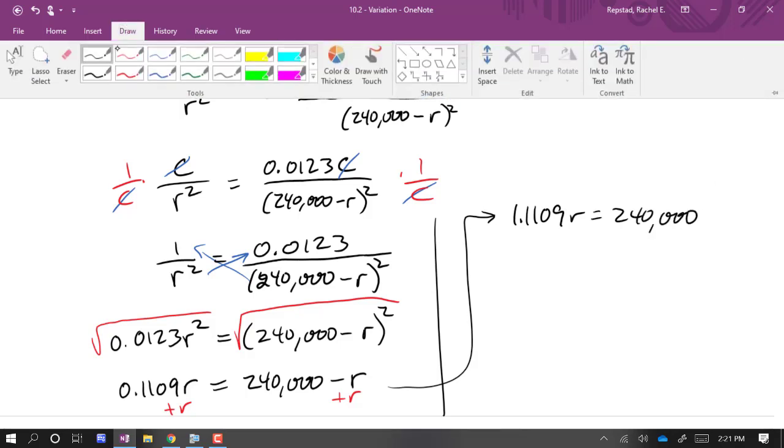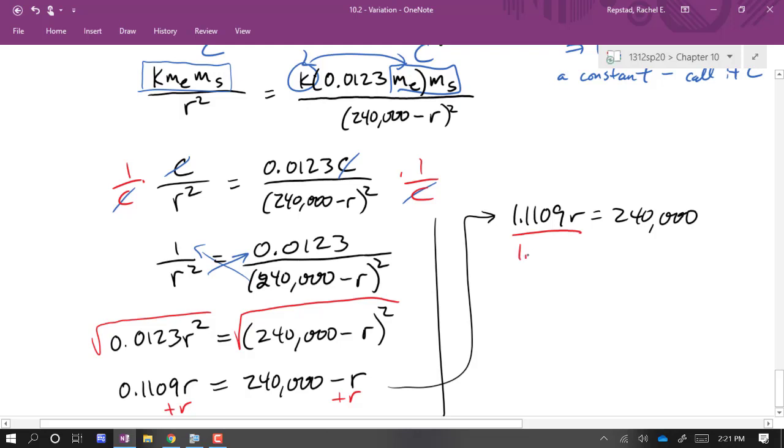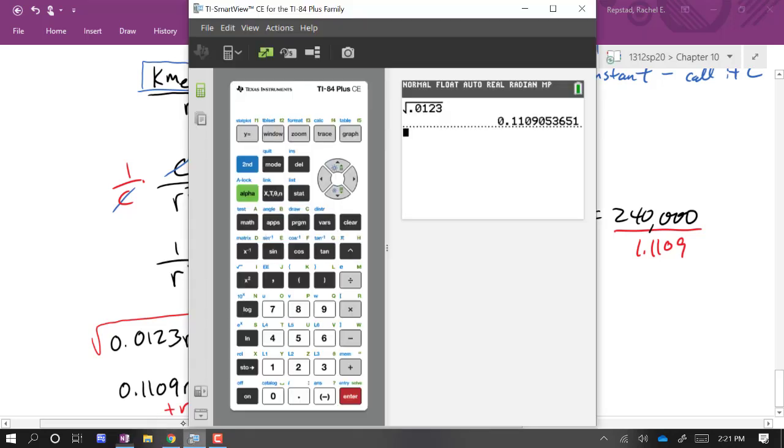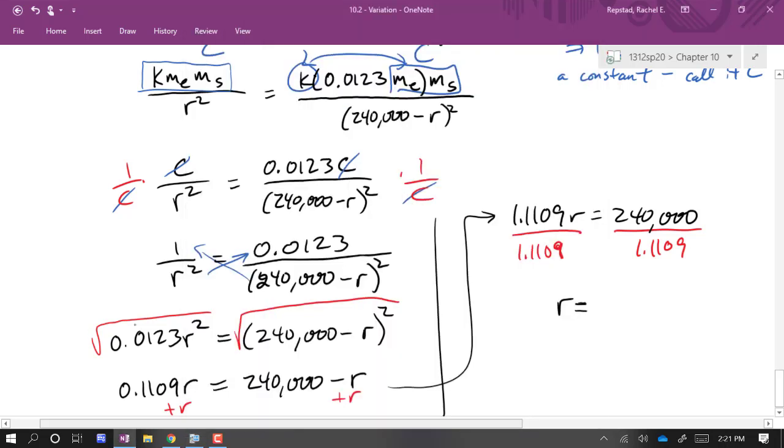And now it's all over but the shouting. We'll just divide by 1.1109. You get 216,041 to the nearest mile.